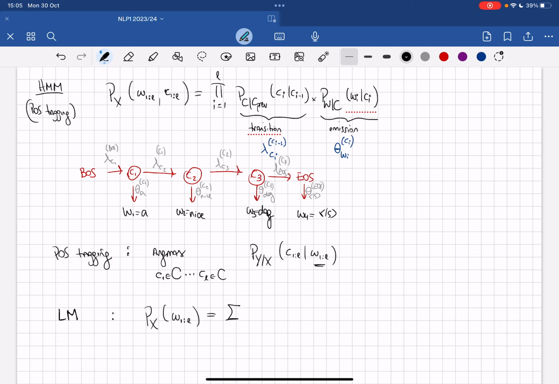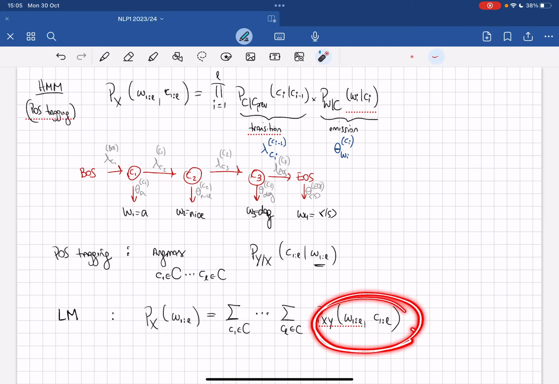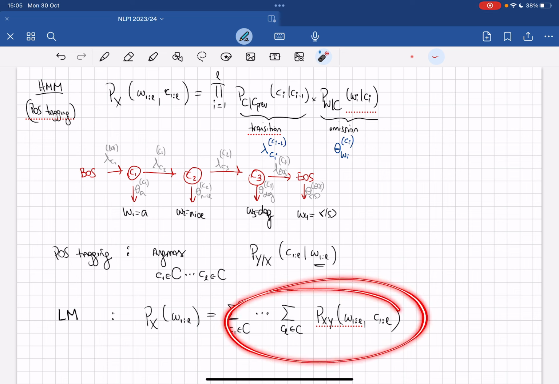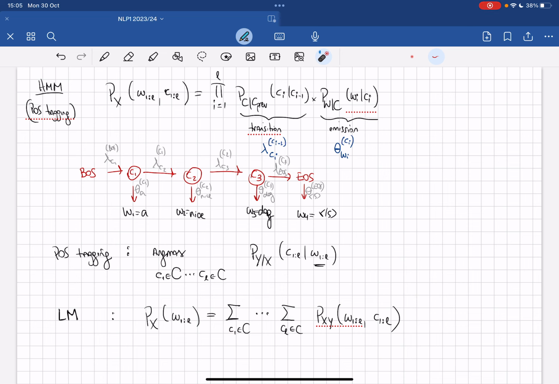That is the total probability regardless of what tag sequence might have generated this text. Right, so here you would assess the joint probability for each and every possible configuration of the tag sequence and sum those probabilities together.